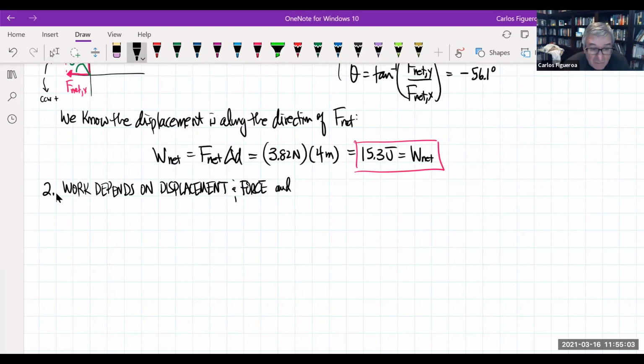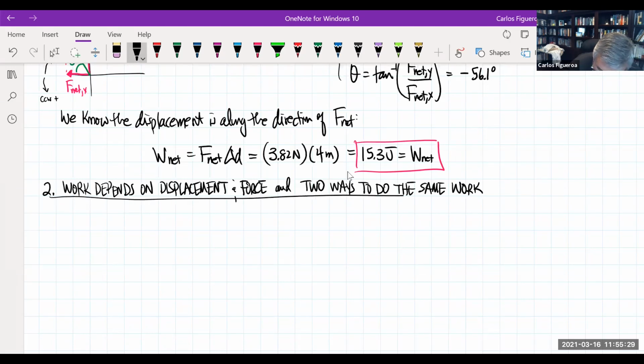And we want to talk about two ways to do the same work. So what I really want to do here is give you sort of a conceptual way of looking at things, and you go from there.